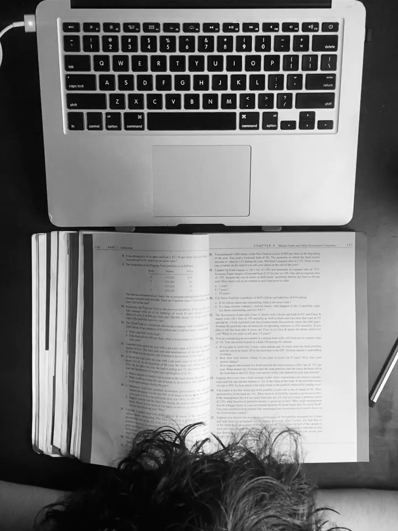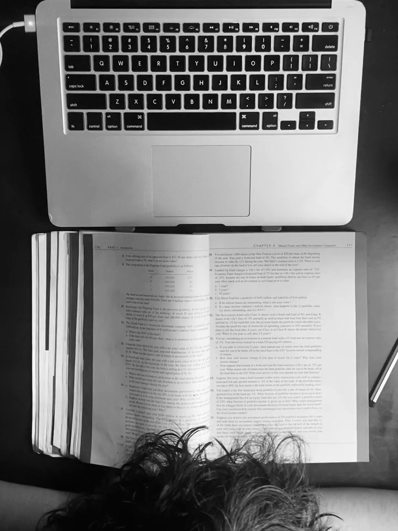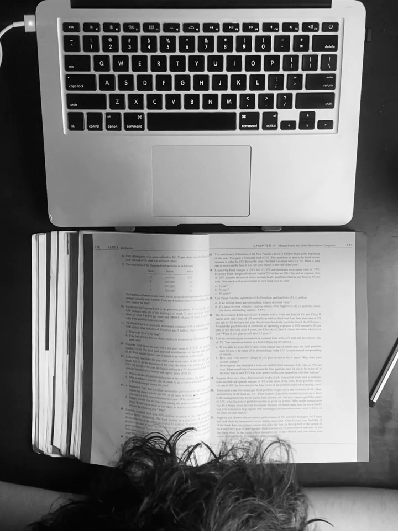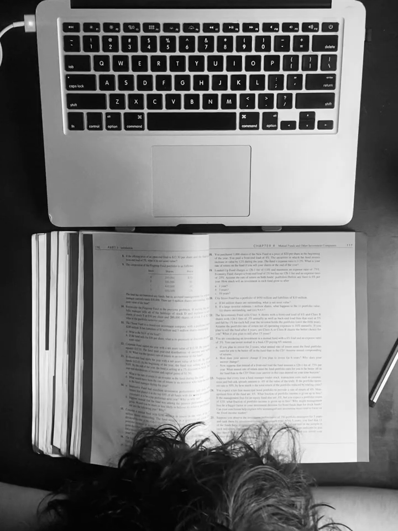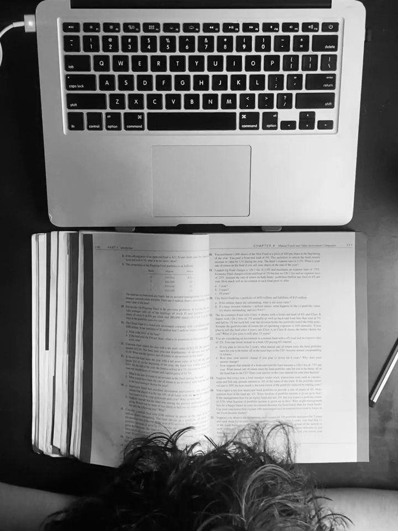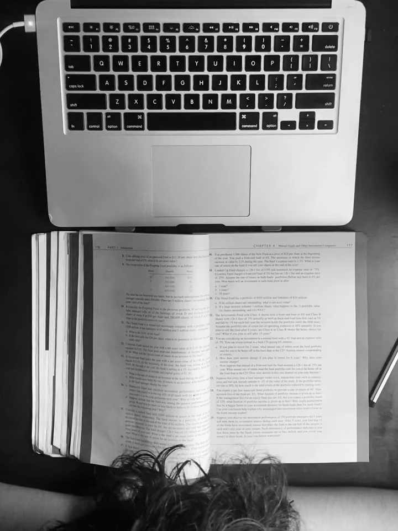Okay, so let's read that again. Class A shares, front-end load 6%, so 0.94 initial investment factor.